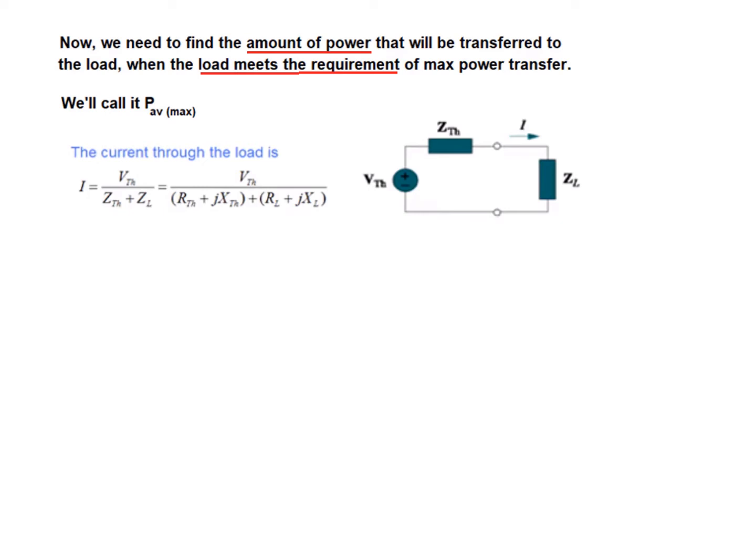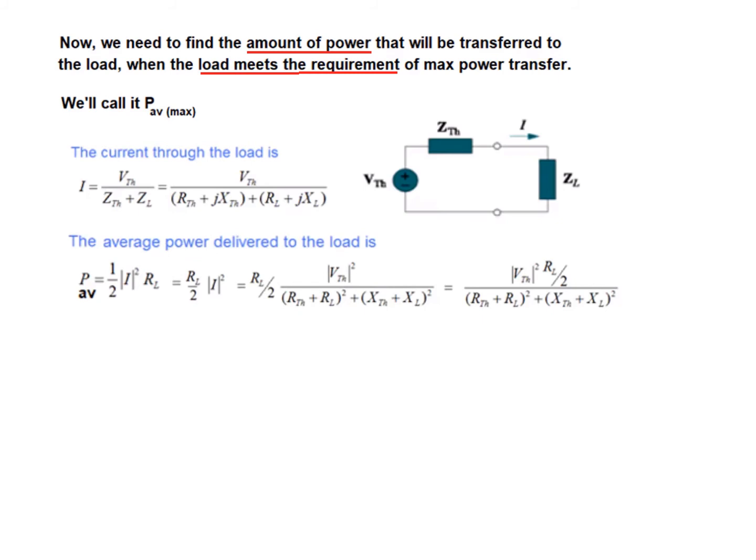So V Thevenin divided by the two impedances will give the current, and the average power delivered to the load will be given by this formula, half I conjugate square, so the magnitude of this current squared into RL.